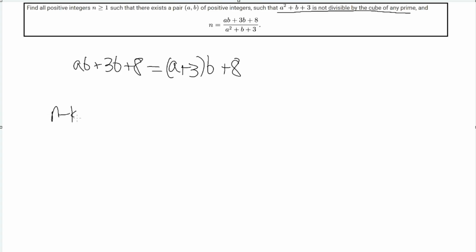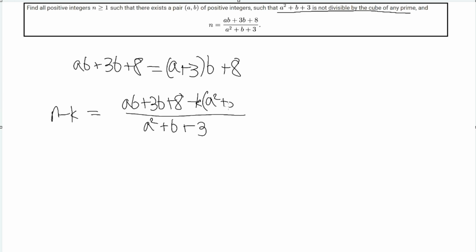So n minus k is equal to, all over a squared plus b plus 3, ab plus 3b plus 8, minus some factor k times a squared plus b plus 3. And the coefficient of b in this one is negative k.